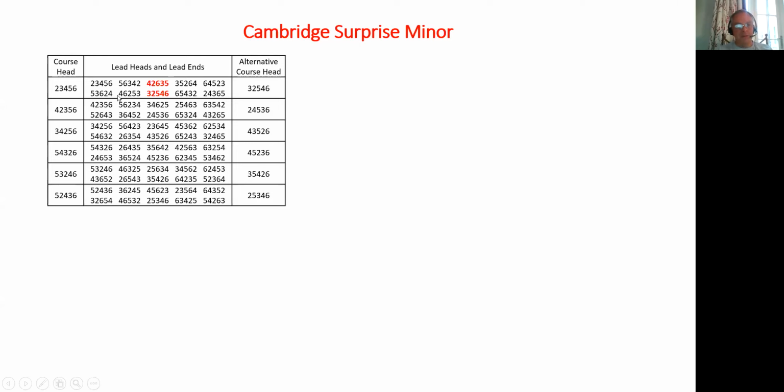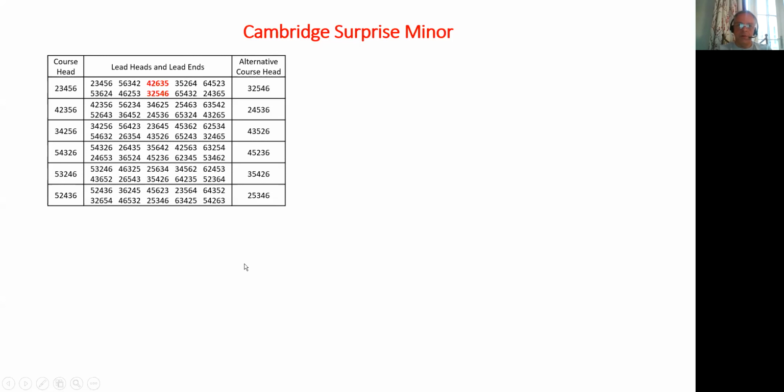The only difference is that although you get the same lead heads and lead ends in every course as you would in Bob Minor, the pairings occur differently, and that's because the place notation order is different in Cambridge Surprise Minor to what it is in Plain Bob Minor. So your lead heads and lead ends will come together in different pairs.